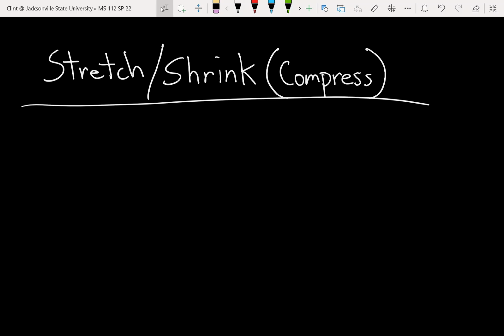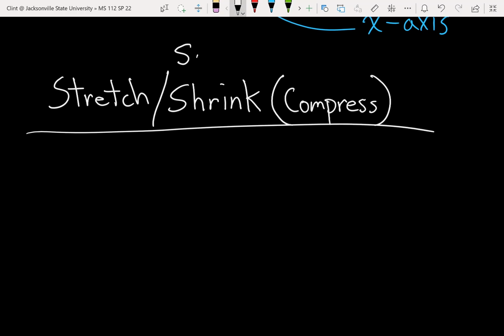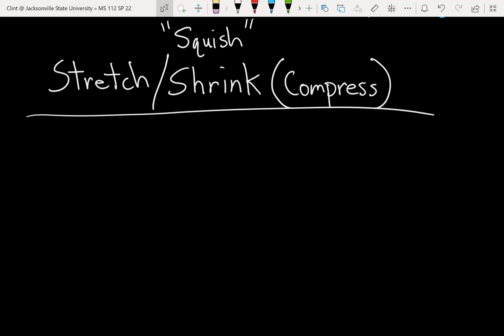Or even a little more informally, I kind of like to call it squish. So to do one of those transformations, we get our starting function.